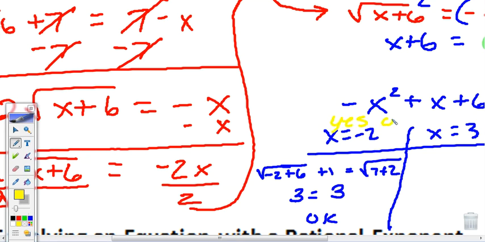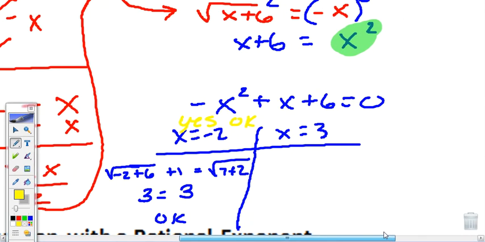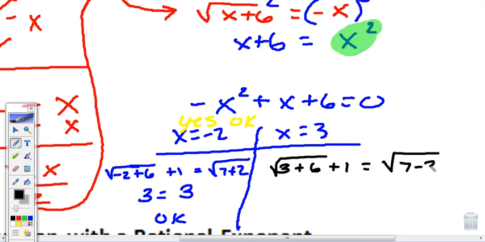Now let's check why 3 doesn't work. I'm going to plug in 3 plus 6, that root, plus 1, equals the square root of 7 minus what? Okay, what is 3 plus 6?